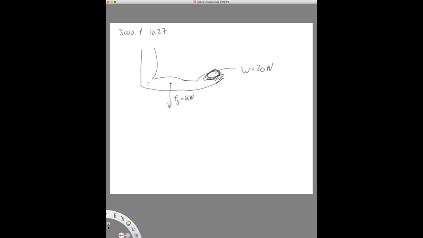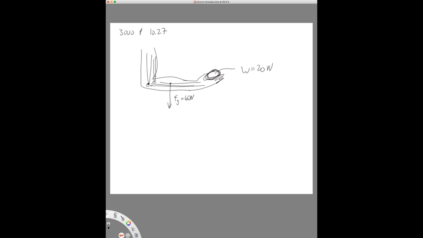So what's happening inside the arm is you have the radius and ulna, and the biceps connects, gosh, I think it's to the ulna, I don't remember, nurses help me out. Whichever one is on the inside, the biceps connects there, and then there's a joint where the upper arm connects to your elbow.